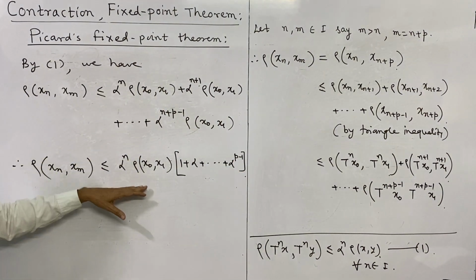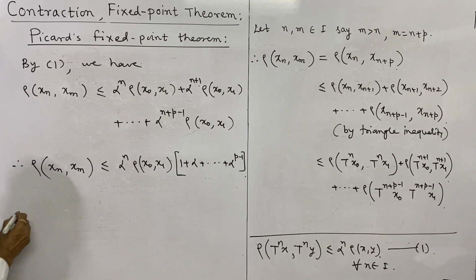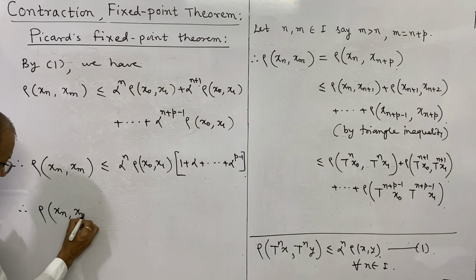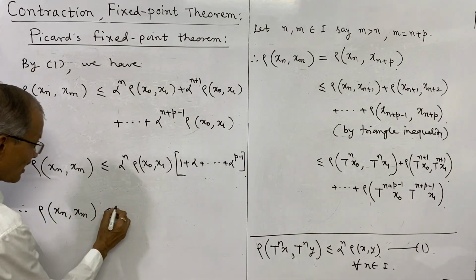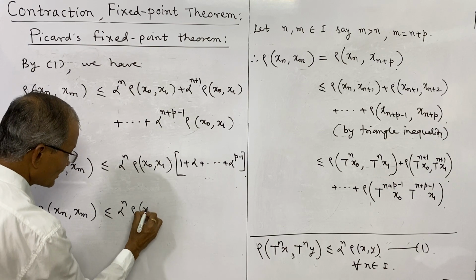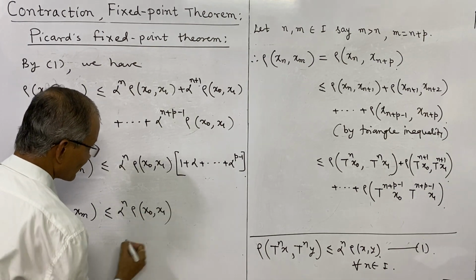So this is the right side, therefore rho of xn and xm will be less than or equal to alpha to the power n and rho of x0 and x1.